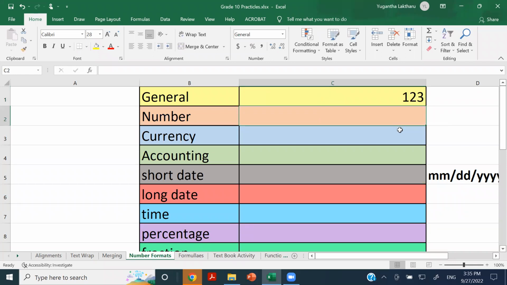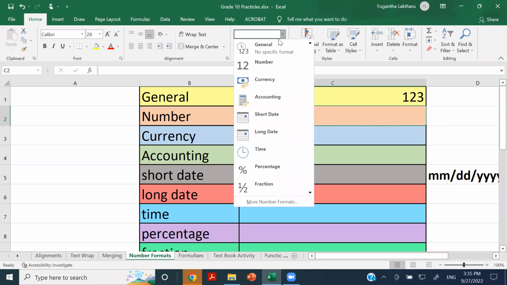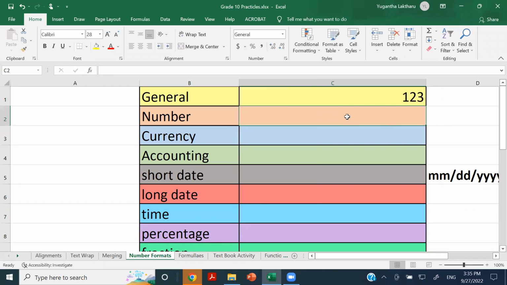Like we get to know that the values or the numbers are right aligned in Excel. But when we change the number formats from this menu, the content that we type will be modified by Excel according to the format that we have given to that particular cell.